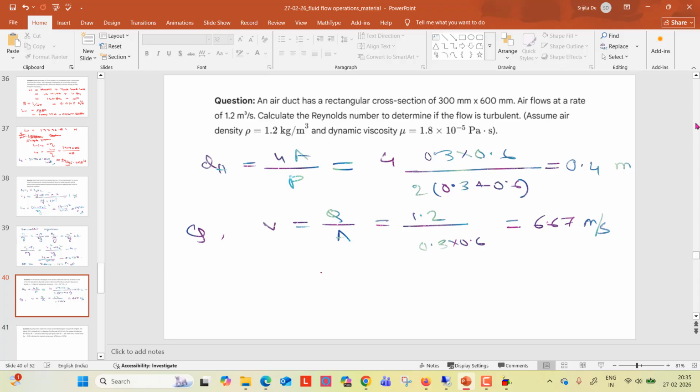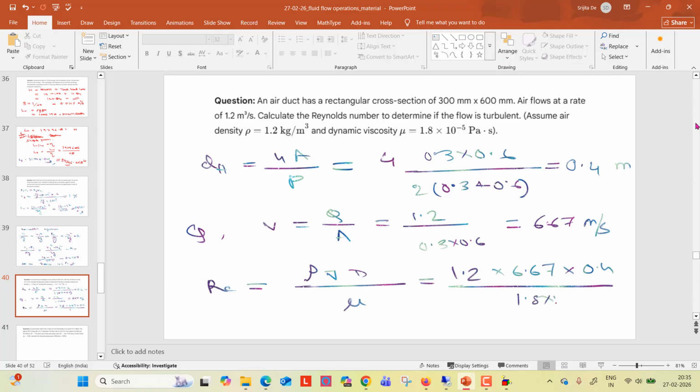So now we have every term of the Reynolds number. It is rho V D by mu. Rho is given as 1.2, V is 6.67, D is the hydraulic diameter, that is 0.4, and mu is 1.8 into 10 to the power minus 5. So how much is it coming?